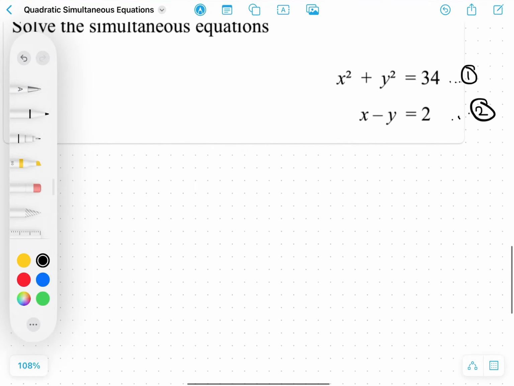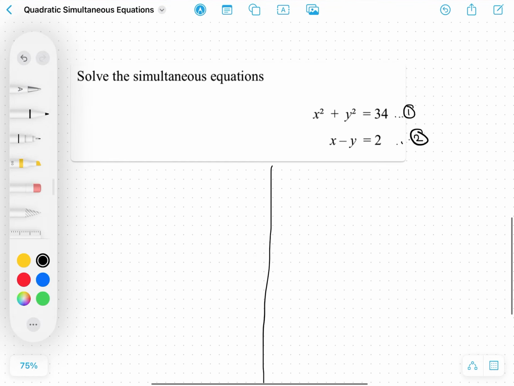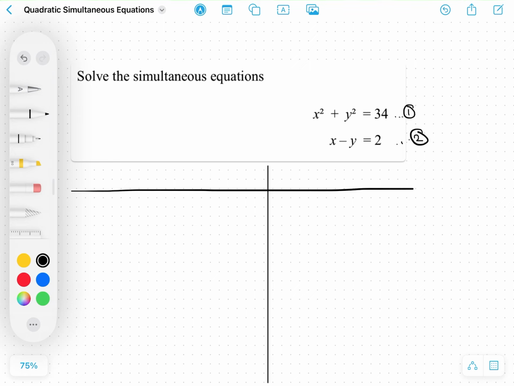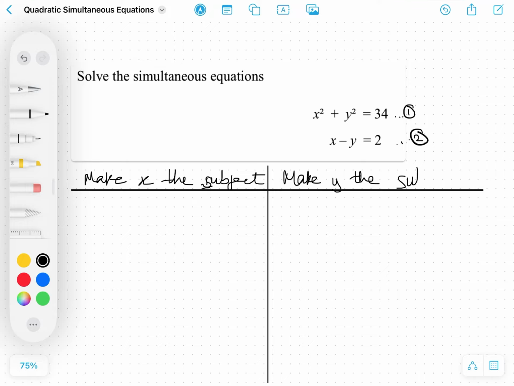I'll demonstrate it using both ways. Make x the subject. Make y the subject.